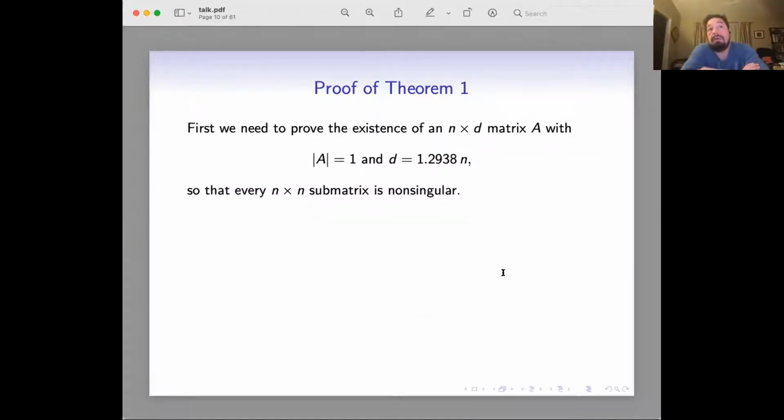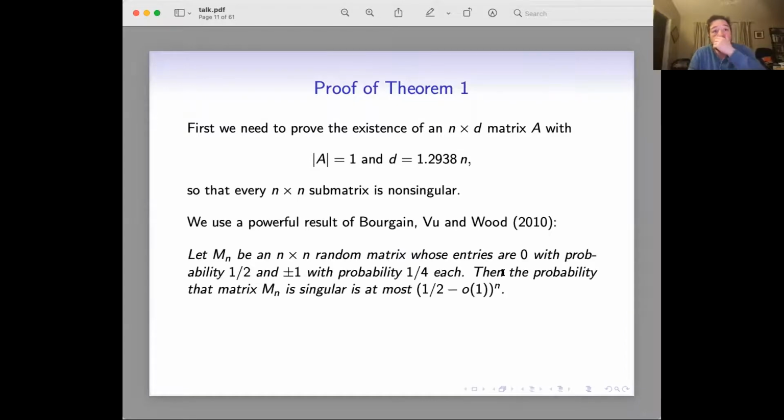First, we prove the existence of n by d 0, plus or minus 1 matrices, with d being about 1.3n, so that every n by n submatrix is non-singular. This is our sparsity condition, in effect.